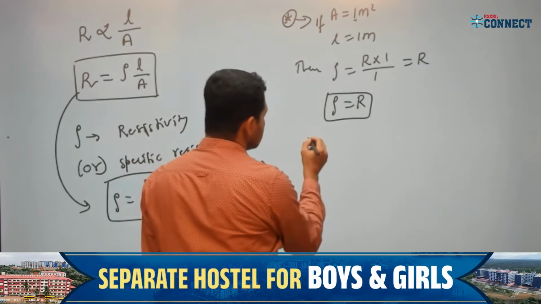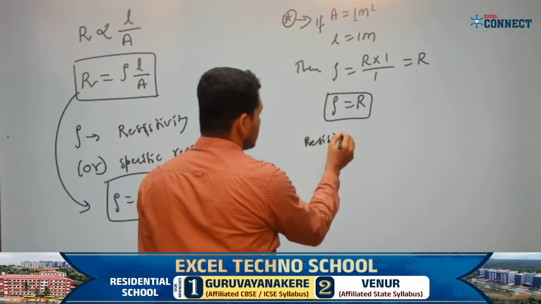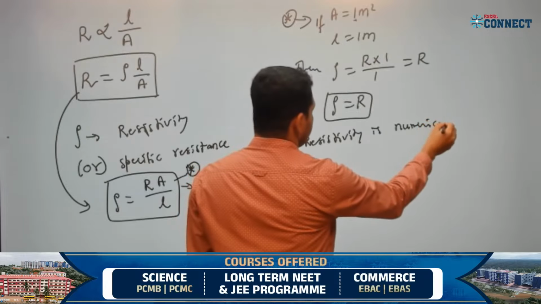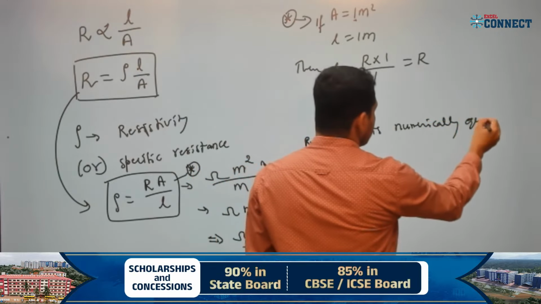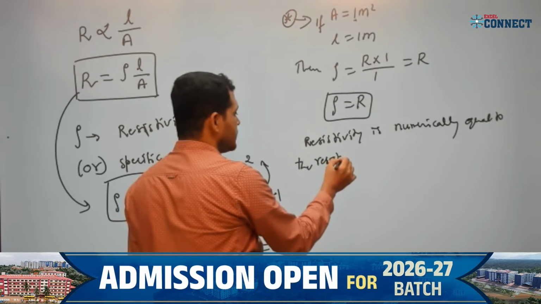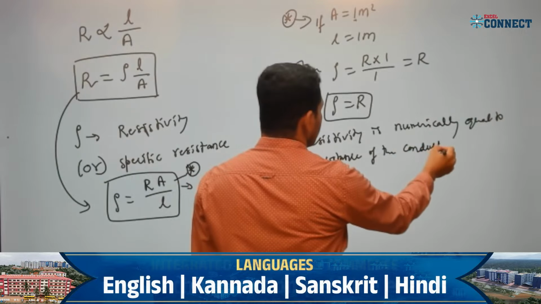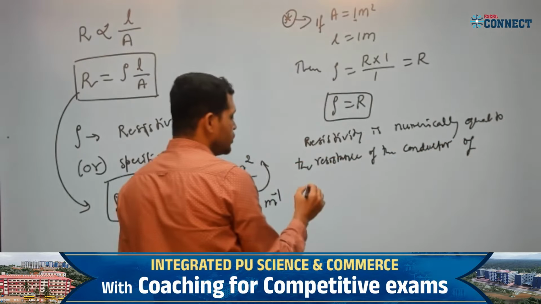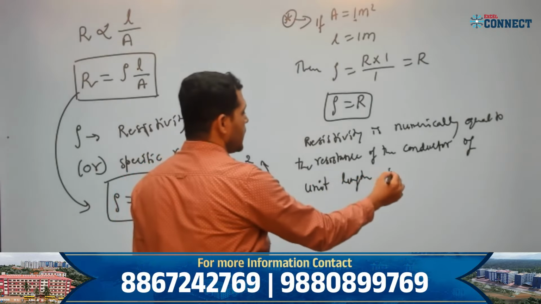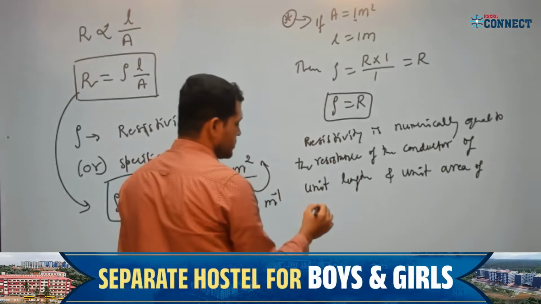That is, I'll write here: resistivity is numerically equal to the resistance of the conductor of unit length and unit area of cross section.